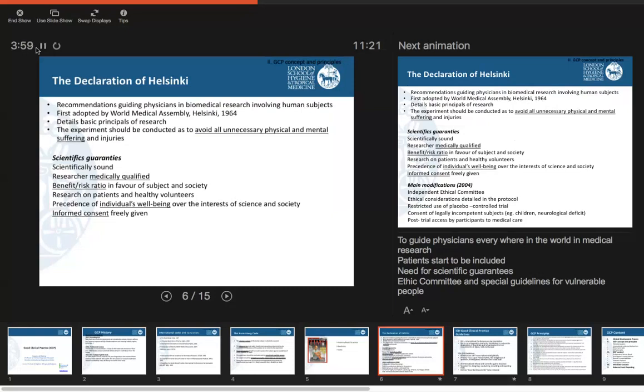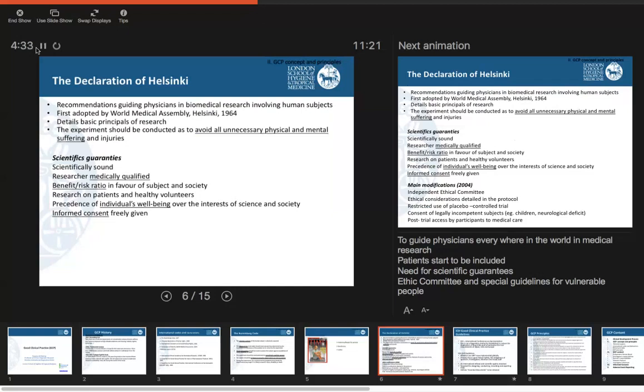So the benefit is usually to everyone after the trial. They need to understand that they are doing this for the good of other patients coming as well as for society. So that's how the risk-benefit ratio needs to be explained to them, and that the individual well-being of the patient must be paramount, and the informed consent must be freely given.